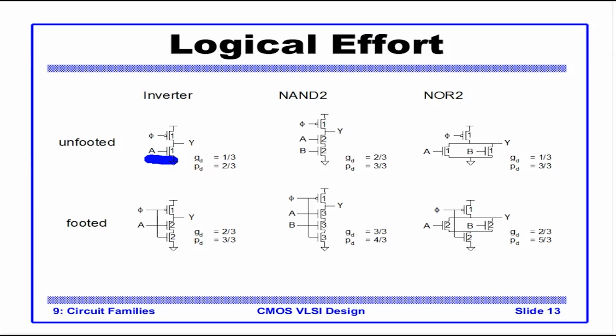The area is more, but on the other hand, the loading on inputs decreases. Why? Because input is only connected to the NMOS network, it is not connected to the PMOS network. So the capacitance decreases on inputs, and correspondingly the circuit becomes fast.